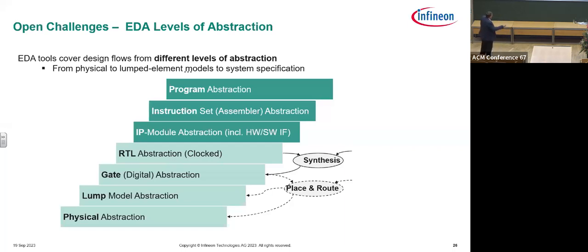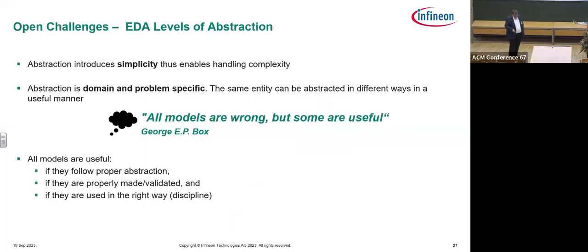And now over these four steps, we come up with a machine learning approach without knowing what we are doing, because the neural network doesn't know about the simplifications we apply, whether we come from physical abstraction, meaning Maxwell to lumped, or from lumped to gate models. And that leads me to the challenges. We are used, as engineers and scientists, to introduce abstraction simply to simplify the world and to be able to handle complexity.